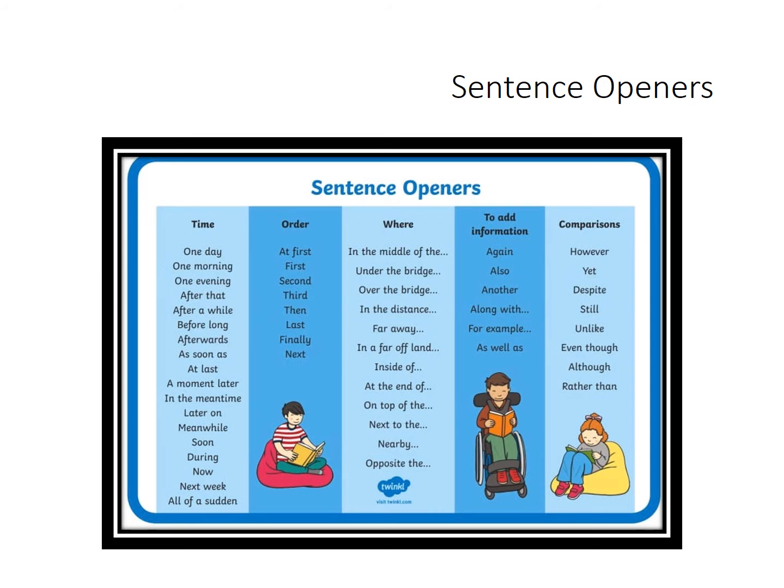And to organize the place while you are describing the place: in the middle of the cave, under the bridge, far away, at the end of the tunnel, on top of the mountain. And to add information, maybe you will add special powers. And here to compare, like however, despite, yet, although.